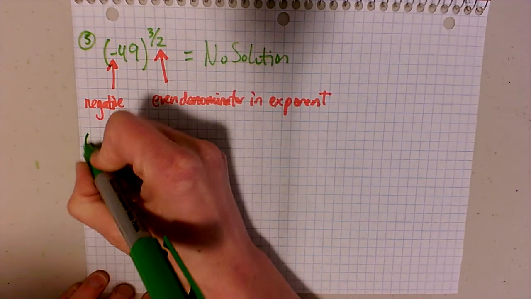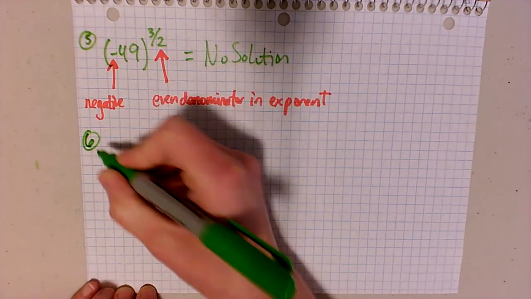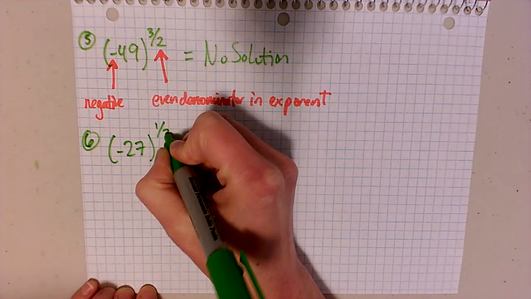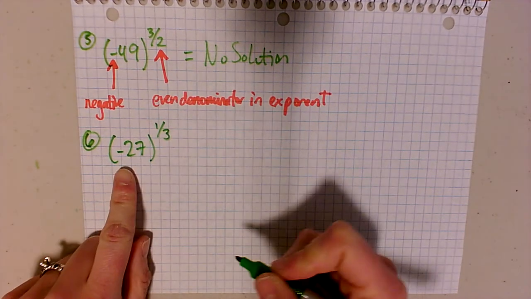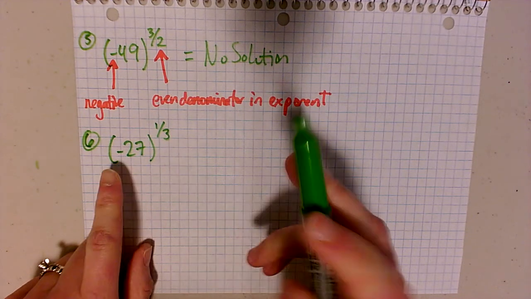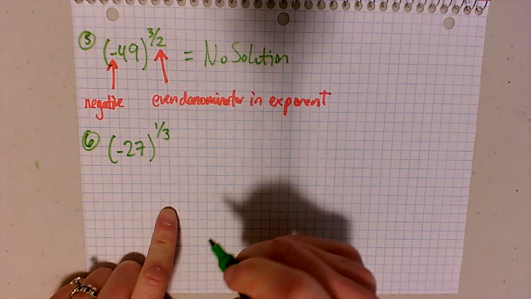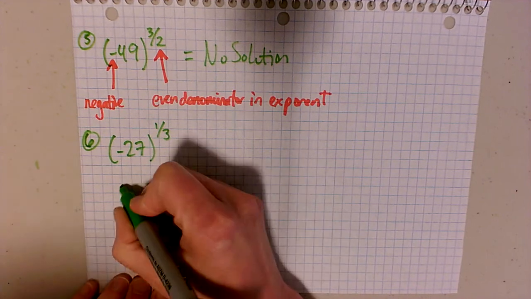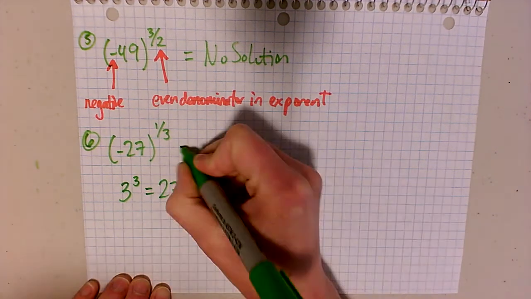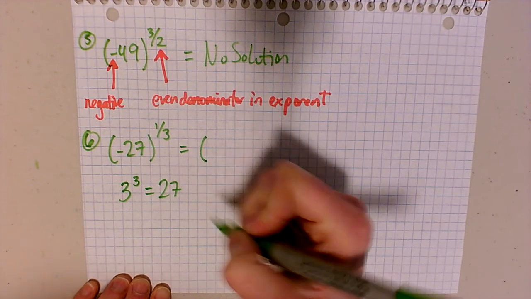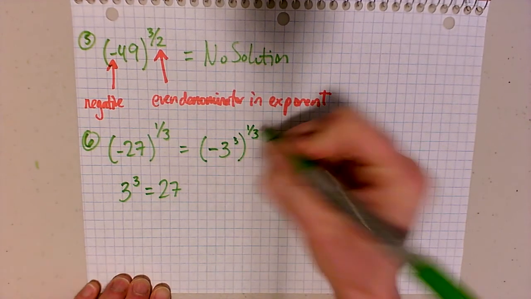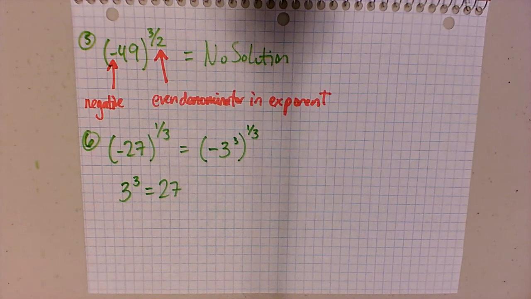Okay, so for number 6, we have negative 27 to the 1/3. Okay, so we've got a negative in here, but that's okay. The denominator of our exponent is odd, so we can do this. And so what you want to remember is that 3 cubed is the same thing as 27, so we could rewrite that negative 27 as negative 3 cubed raised to the 1/3, right?